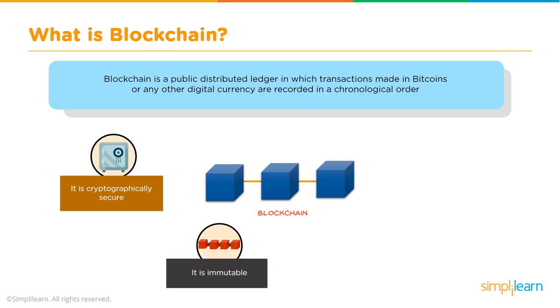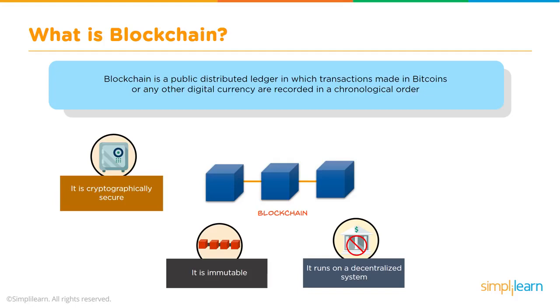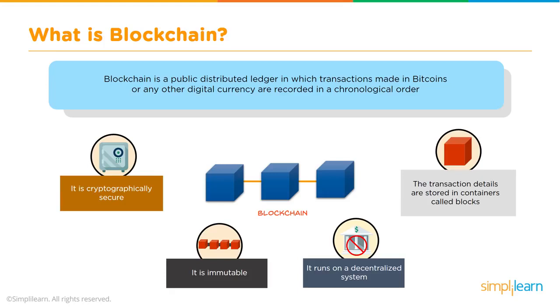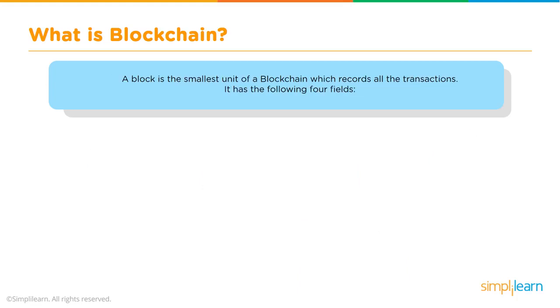It is immutable. Any record or transaction added on the blockchain cannot be modified or altered. It is run by a decentralized system. There is no centralized authority or body, and the transactions are stored in containers called blocks. A block is the smallest unit of a blockchain which records the transactions.